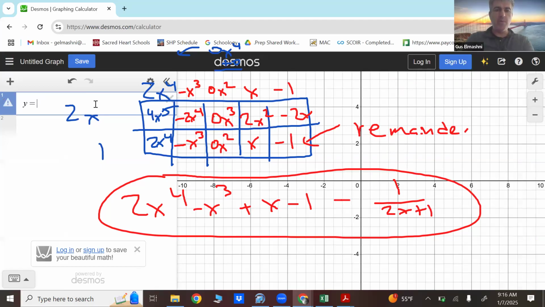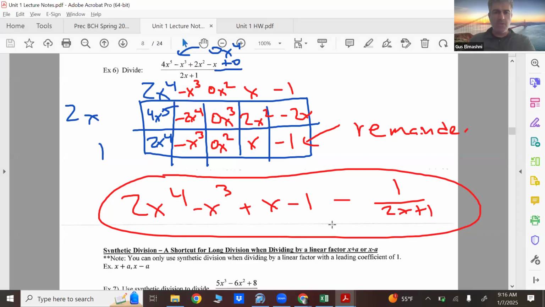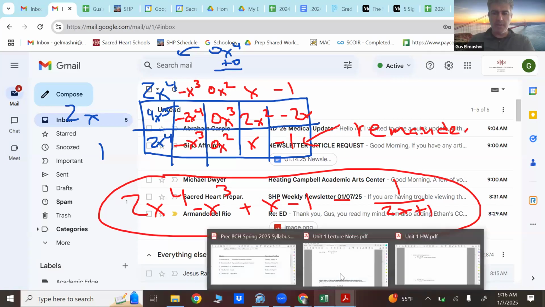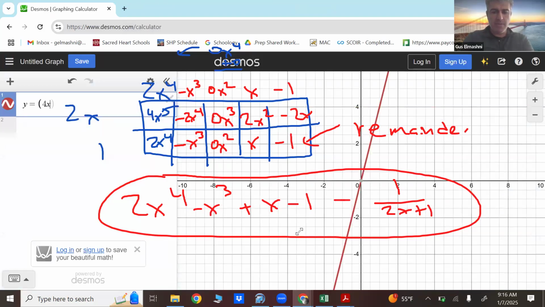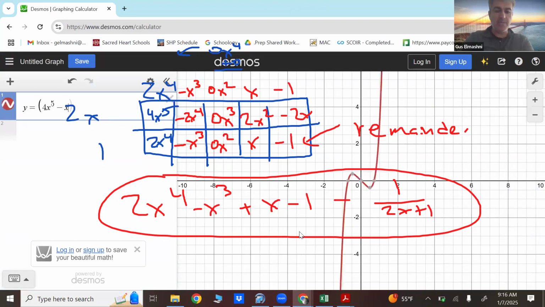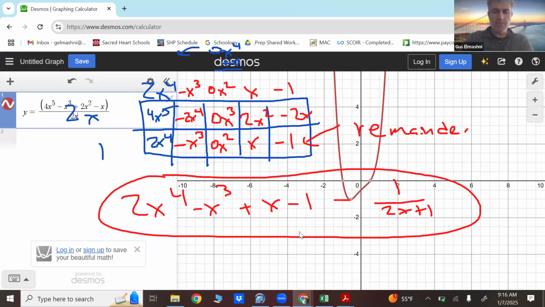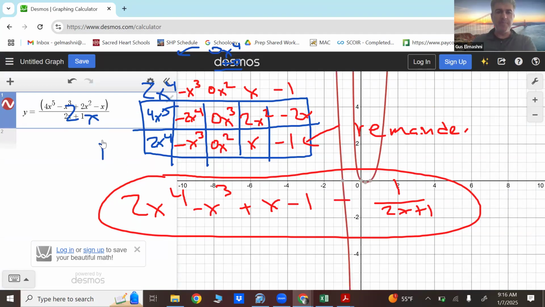So if we graph the function itself, y equals 4x^5 plus 2x squared, sorry, 4x cubed minus x, plus 5 minus x cubed, plus 2x squared, 2x minus x, divided by 2x plus 1. Okay, so it looks like that.